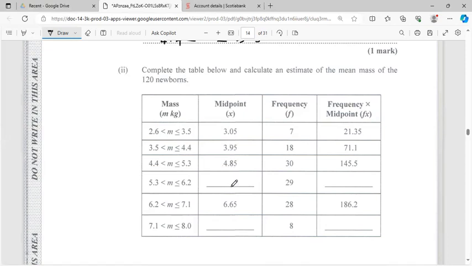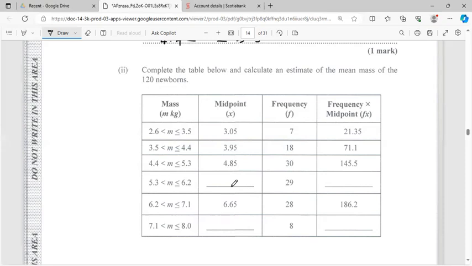I'm checking first. So 5.3, based on the pattern, it should be 5.3 plus 6.2. That gives me 11.5, and then I divide by 2.